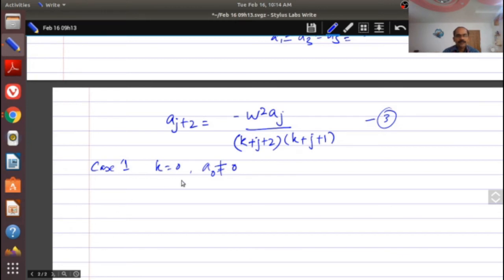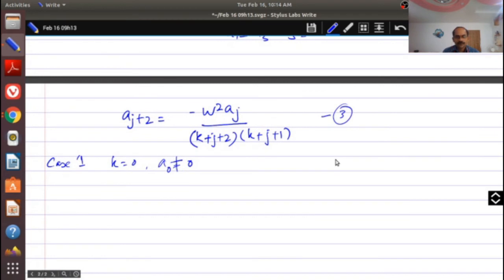Now when you put k equal to 0, this equation becomes a(j+2) is equal to minus omega squared a_j divided by k is 0 here, so it is (j+2) into (j+1). Clear?